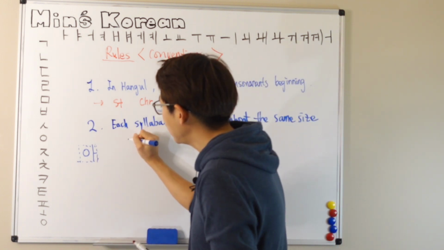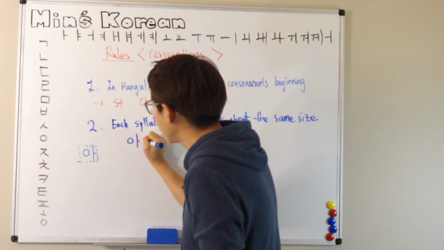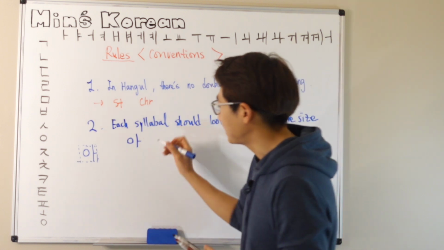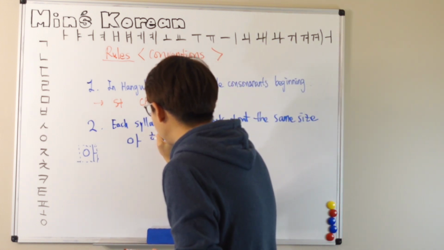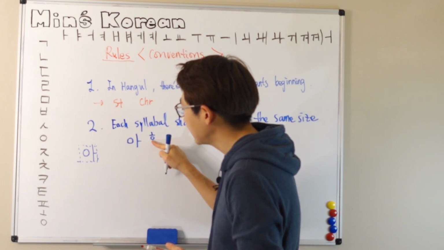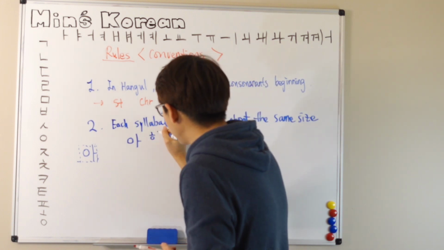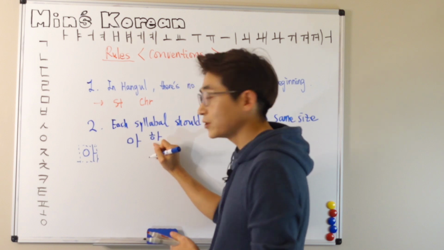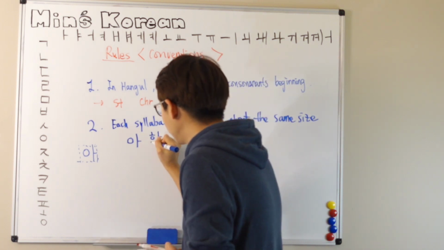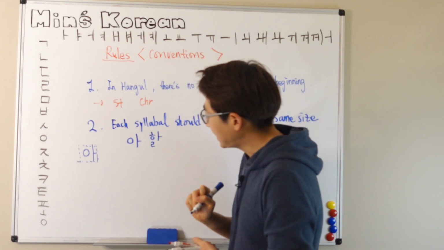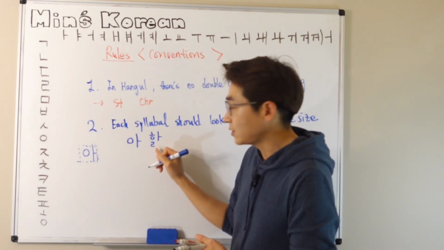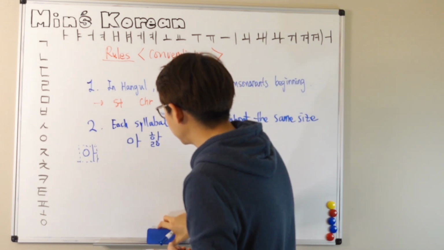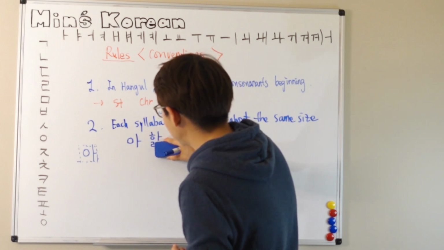So the letter A, that's the simple vowel sound A, and let me give you a very difficult example. For example, we write Ha. So notice how my iung is a lot smaller in this case, and I write A, and this one is shorter because I'm going to have endings as well, and then I write it like that, but it only occupies half of this space because I'm going to have another one.